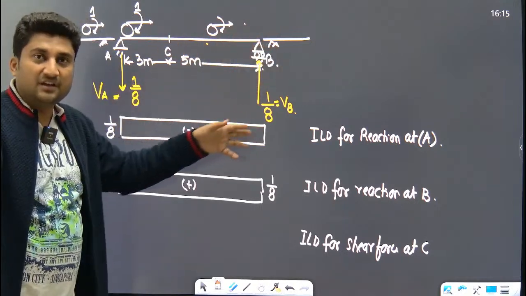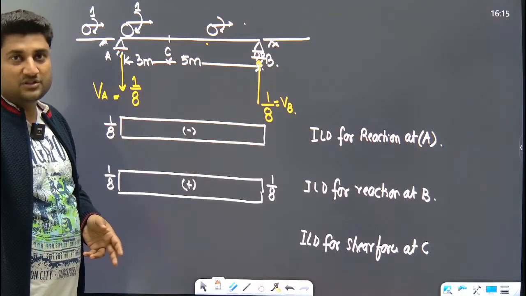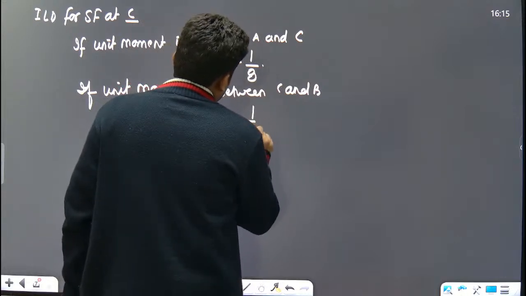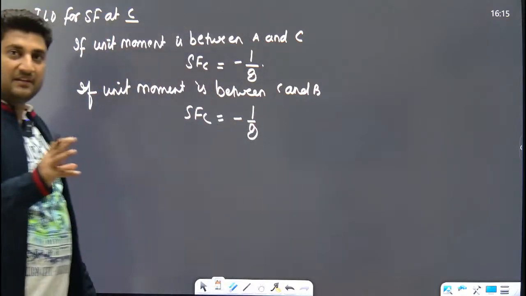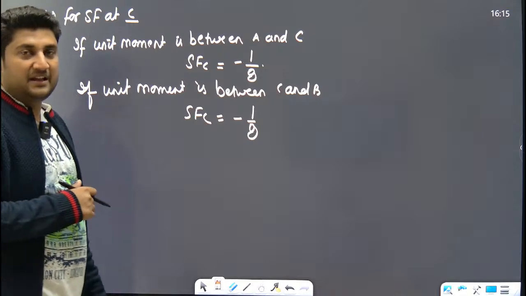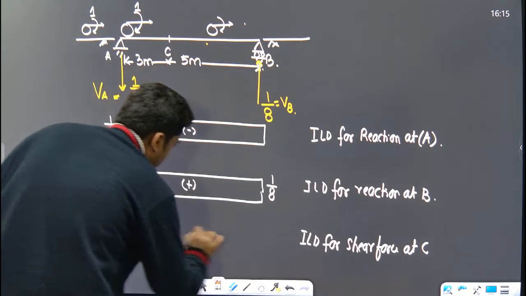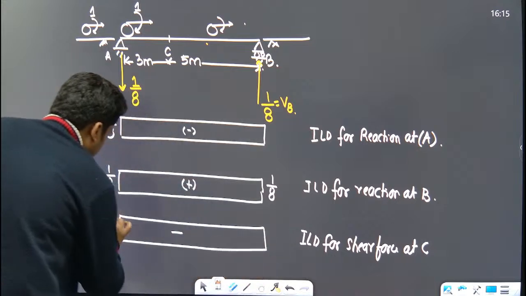We have just taken this concept. So what is the shear force at C? Minus 1 upon 8. So can we draw the ILD for shear force at C? It is 1 upon 8 only and negative 1 upon 8.